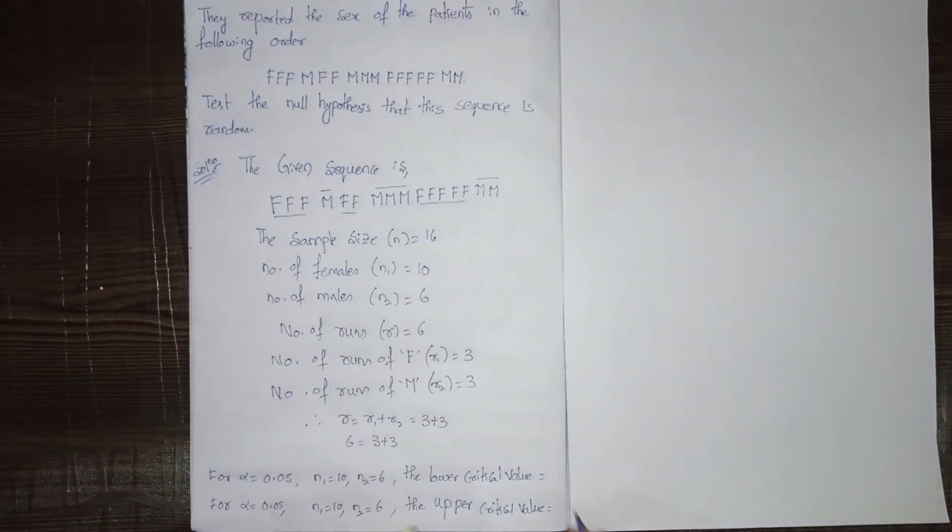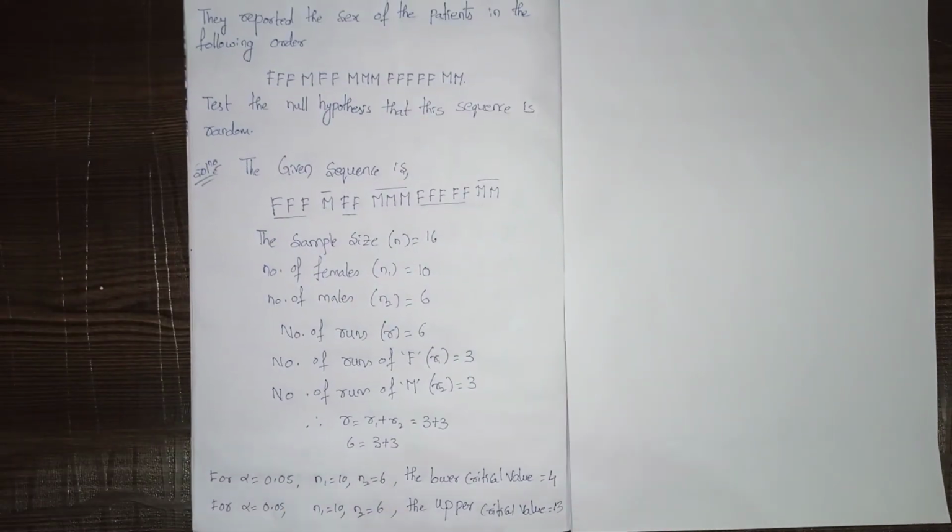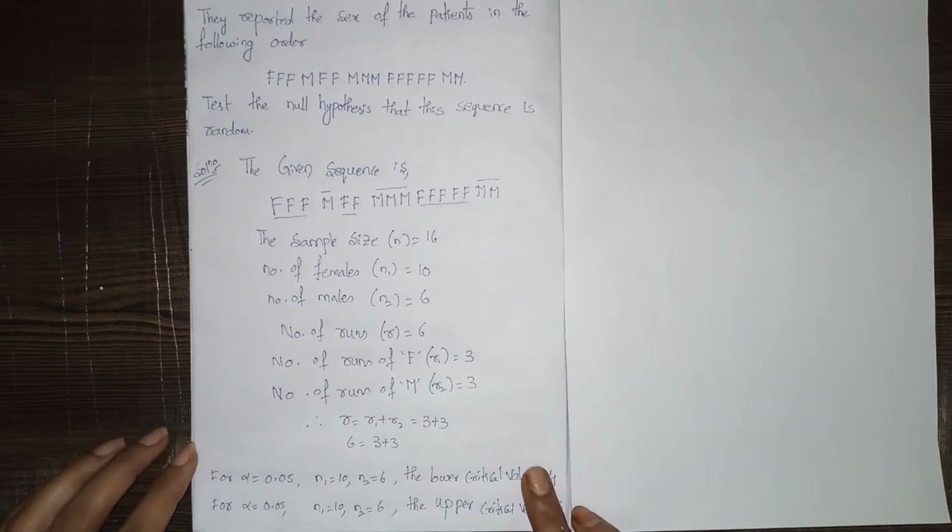So its value is 4. Next, the upper critical value. n1 is 10, n2 is 6, that means 13. So 4 and 13.